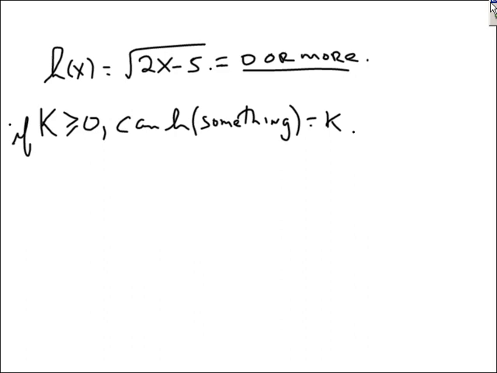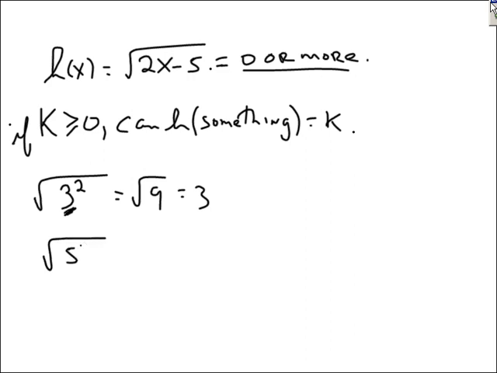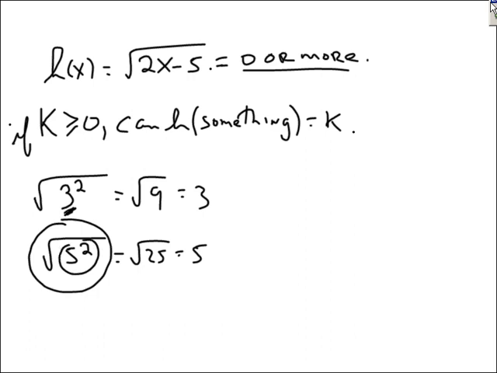Well, what you need to realize, for example, is that the square root of 3 squared, that is the square root of 9, is 3. The square root of 5 squared, that is the square root of 25, is 5. The square root of 16 is asking, what times itself is 16?